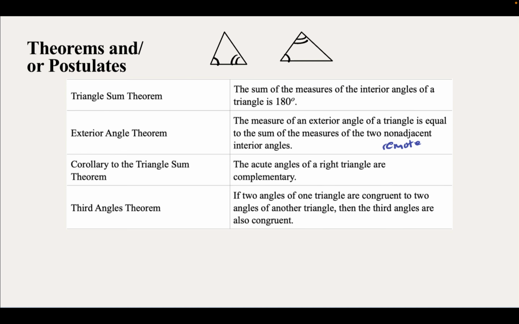What this theorem says is if you have this case where two angles of two triangles are congruent, then it has to be true that these third angles are also congruent. Because we know that they have to add up to 180, two of the angle pairs are already congruent. What's left also has to be congruent. So Third Angles Theorem, if two angles of one triangle are congruent to two angles of another triangle, then the third angles are congruent.